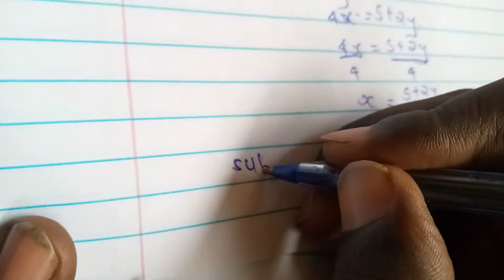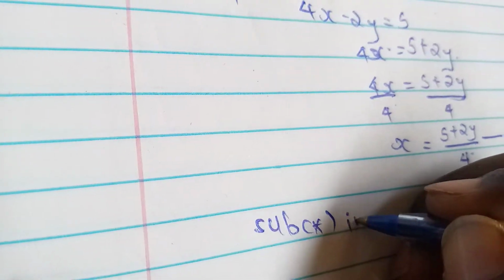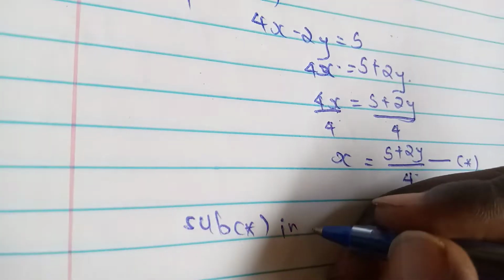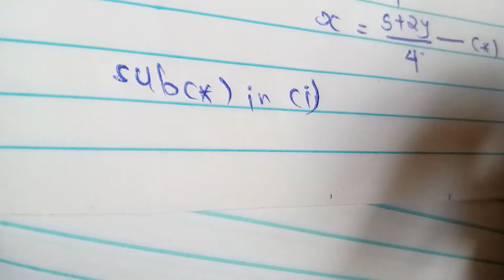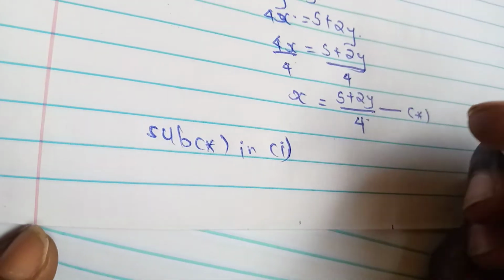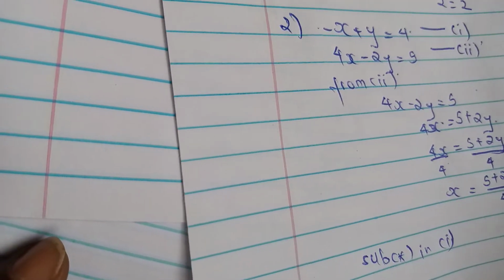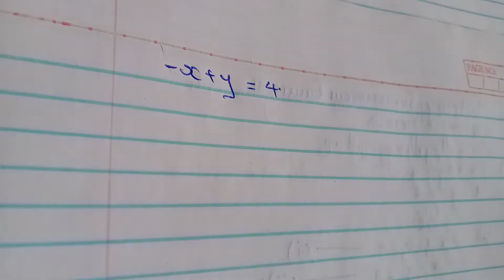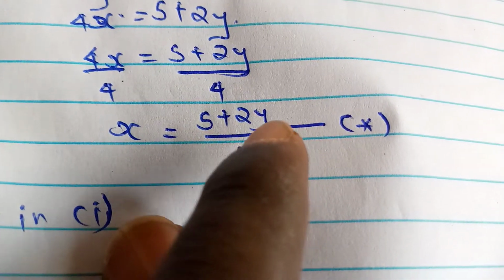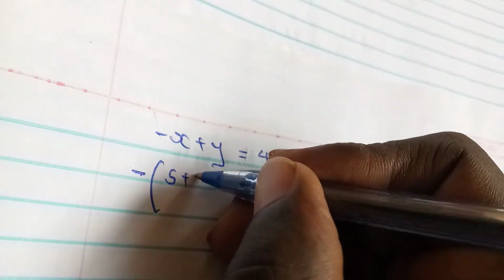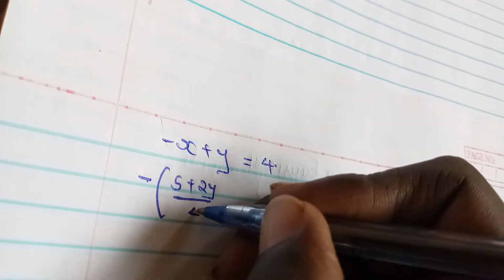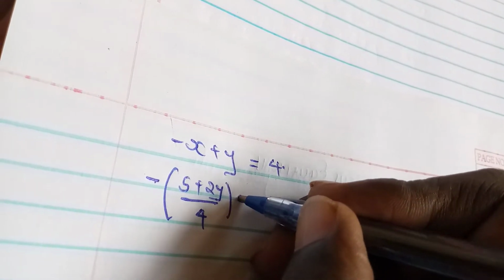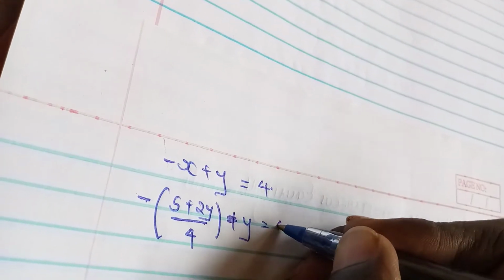So we substitute now equation star into the new equation, which is equation 1, the one that you have not used. Remember, equation 1 is negative x plus y equals to 4. But what is our value of x here, which is 5 plus 2y over 4? So negative into 5 plus 2y over 4, plus now our y equals to 4.